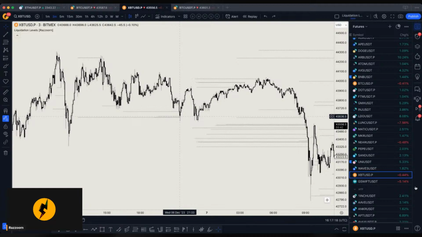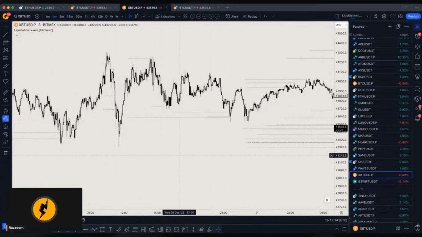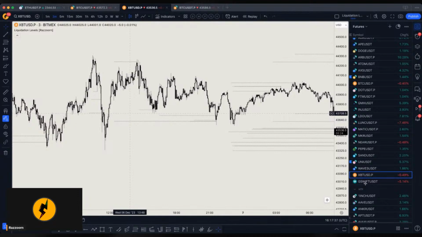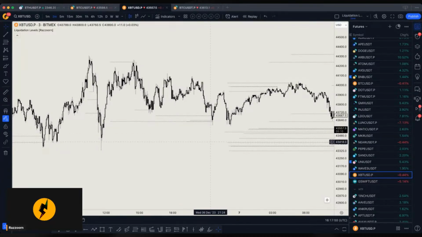No matter what we'd like the price action to do, this is how the market works. It goes from one liquidation zone to another. A lot of the time, liquidation levels of retail traders are a very reliable source of liquidity for the market.